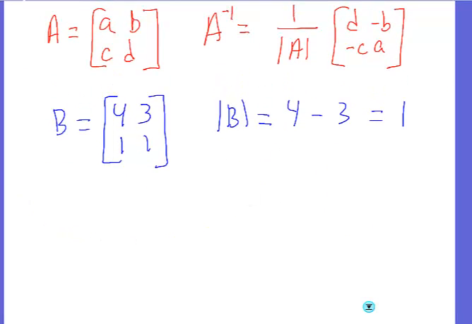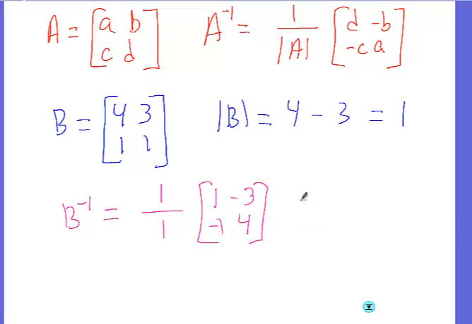All right, so now, in order to find B inverse, we're going to take 1 over the determinant, which in this case is just 1, so it's nice and simple. We're going to multiply that by the matrix, originally 4, 3, 1, 1, but in the inverse, you must flip-flop A and D, so this becomes 1, this becomes 4, and you negate C and B, so it's equal to negative 3 and negative 1.